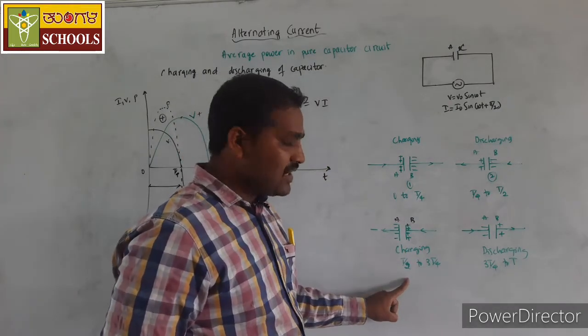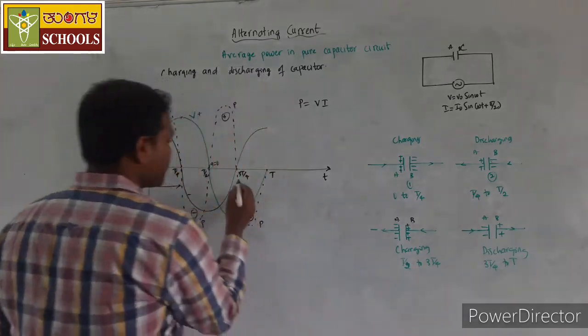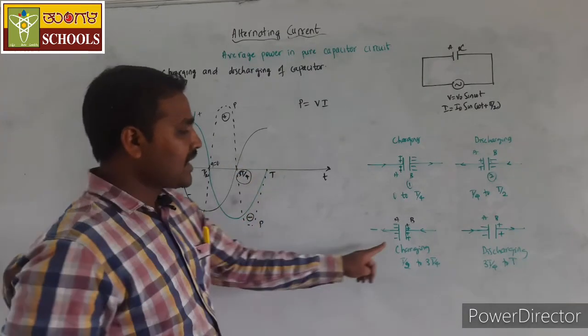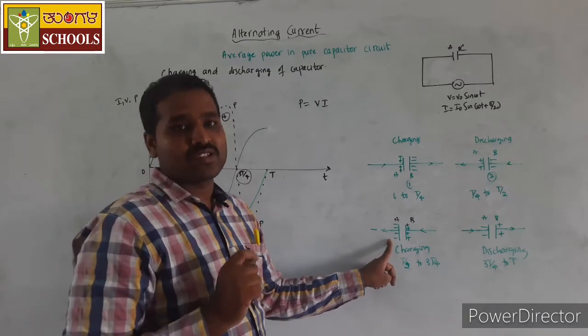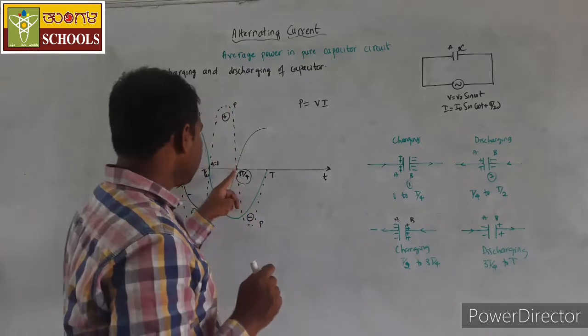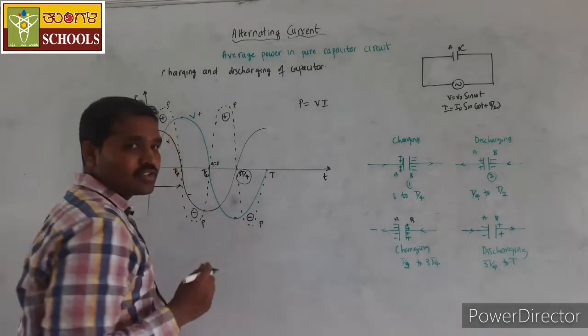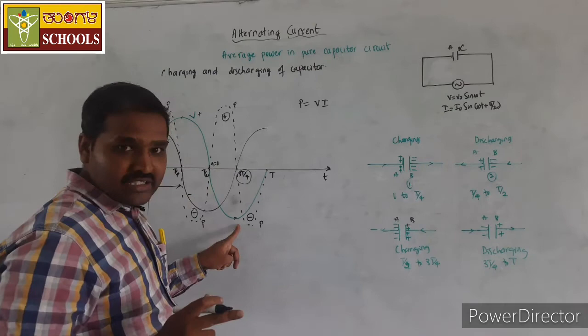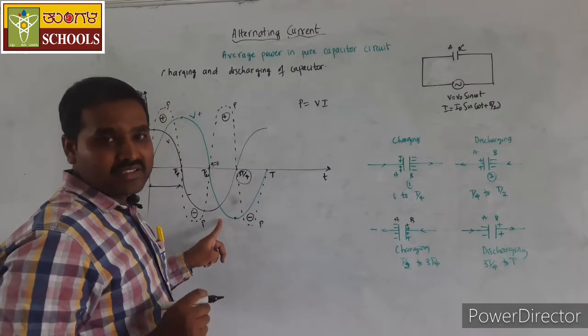So at the end of the third quarter, that is at time equal to 3T by 4, the capacitor will have the maximum charge. When the charge is maximum, the voltage is also maximum here, but the voltage is in the opposite direction, as we can see from this graph.